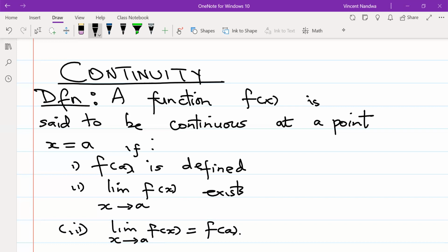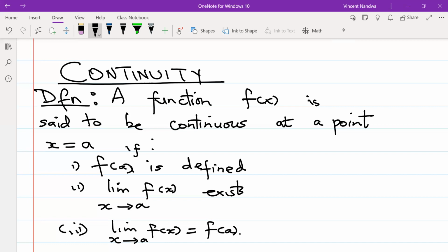So that's the definition of continuity of a function at a point x equals a. The first condition is that the function must be well defined at a. That simply means that if I pick the value a and substitute it into the function, I get a number, something a calculator will give me, not math error.